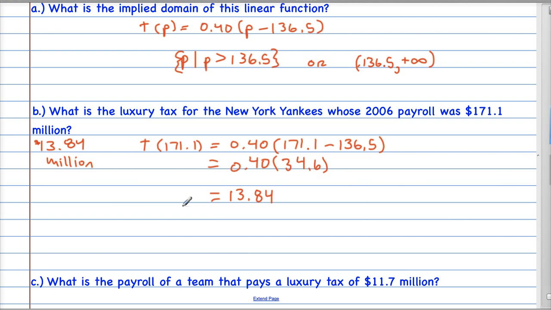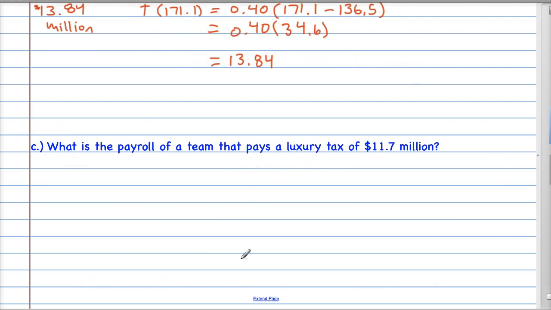Part C asks, what's the payroll of a team that pays a luxury tax of 11.7 million? So that means the luxury tax amount, the function amount that they paid, was 11.7. And now what we want to figure out is what their payroll was, where P represents the payroll amount in millions of dollars.